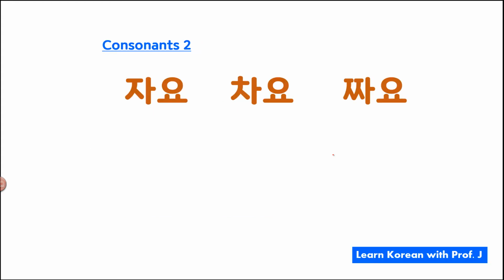I came up with these three words that contain those three consonants we just learned. This is 자요, meaning to sleep.